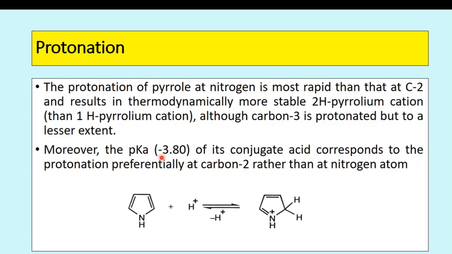Moreover, the pKa, that is minus 3.80 of its conjugate acid, corresponds to the protonation preferentially at carbon 2 rather than at the nitrogen atom. So protonation at second position is very favorable and also more stable.